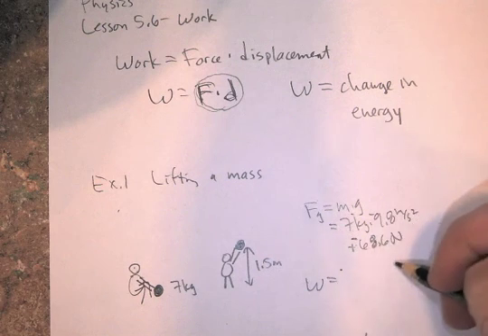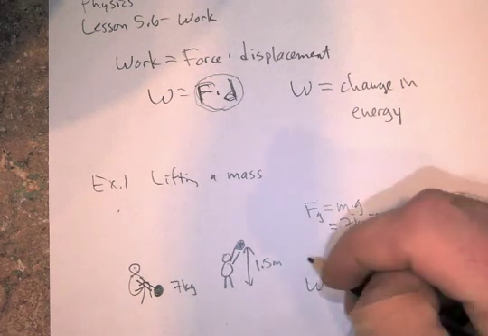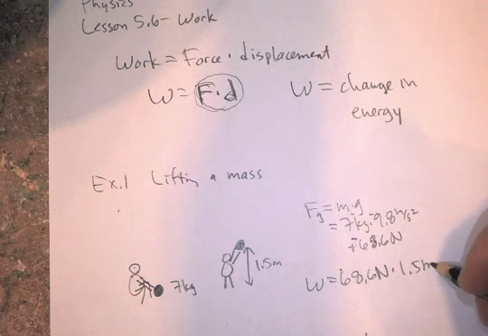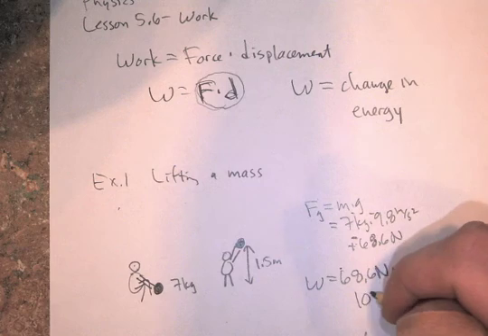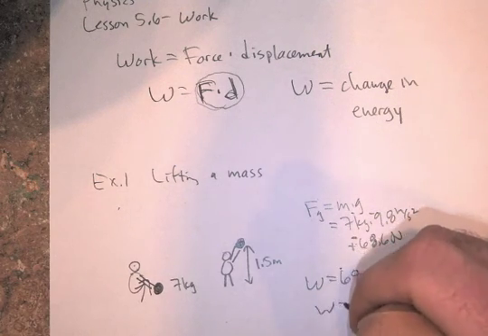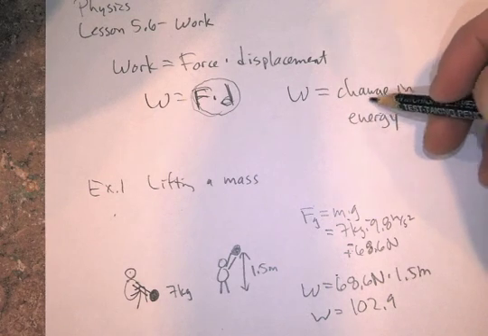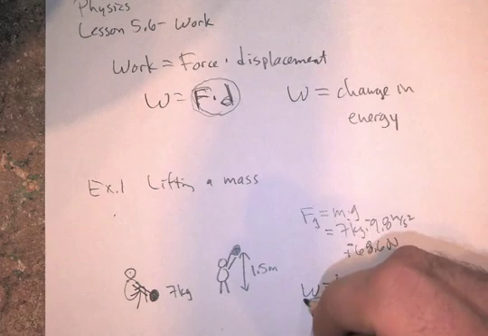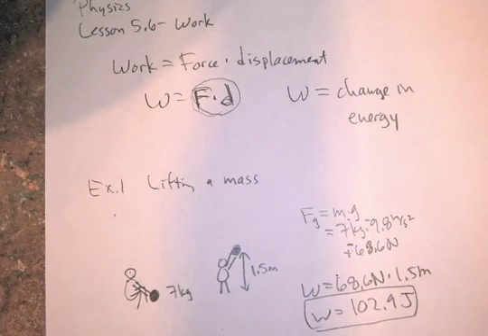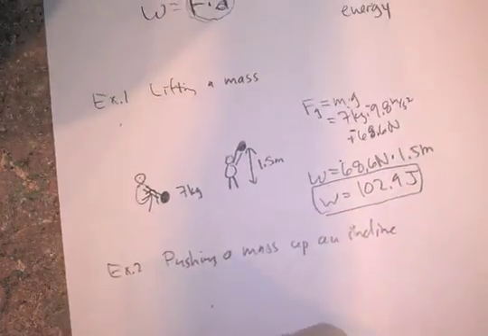So his work is going to be 68.6 newtons upwards for 1.5 meters. Okay, so 102.9. Now what it works out to for units, because it's also change in energy, if you think about energy was joules, so change in energy is also going to be joules. So really he did 102.9 joules of work.